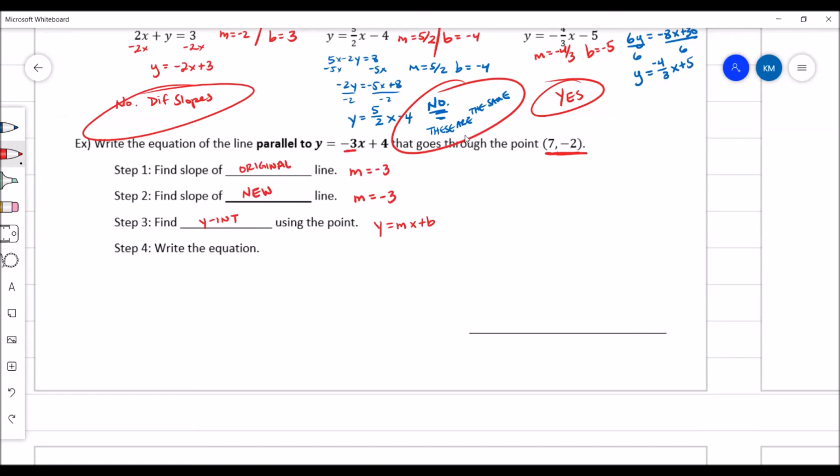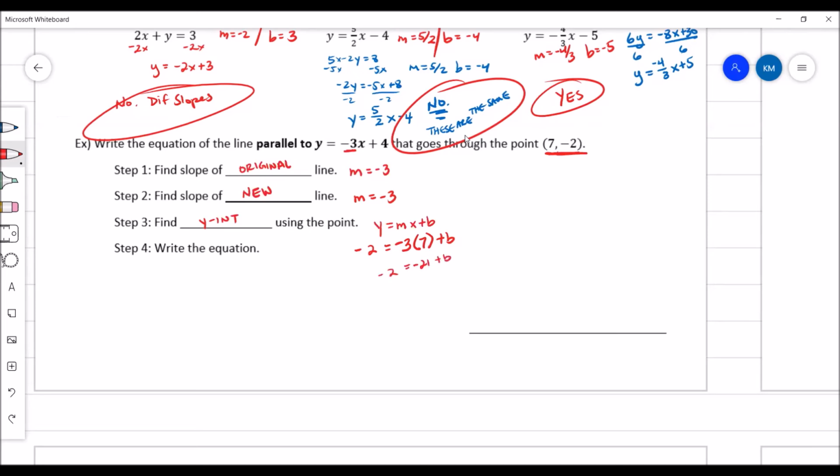We know what our slope is, right? We've already determined that it must be negative 3. We have the point 7, negative 2, so we plug those where they go. Negative 2 is our y value, 7 is our x value, and b we don't know. So we're looking for b. So now, negative 3 times 7 is negative 21.